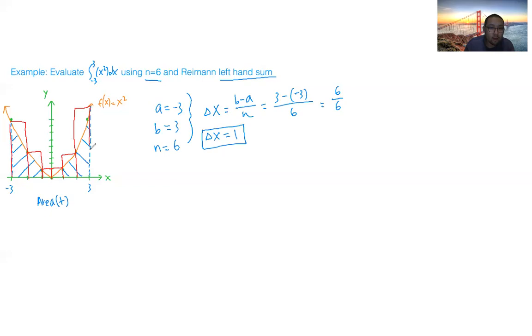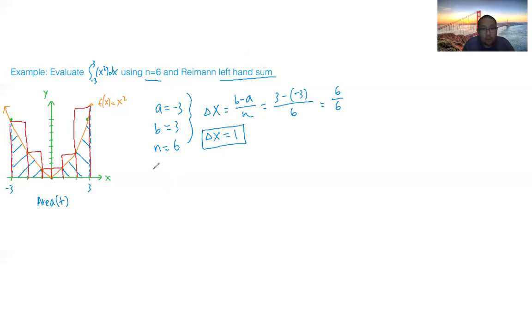Now we are going to approximate the area, the summation of all the areas of these subintervals, to approximate this area. Let's use our formula again.